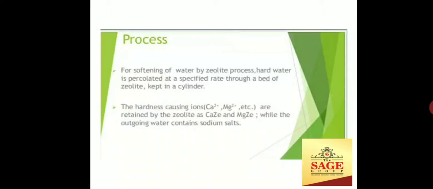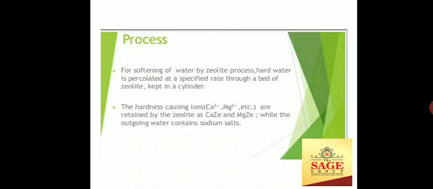Now if we go through the process, what happens? For softening of water by this process, hard water is poured or percolated at a specified rate through the bed of zeolite. This zeolite bed is kept in a cylinder, and we pour the water which is to be softened onto this bed.